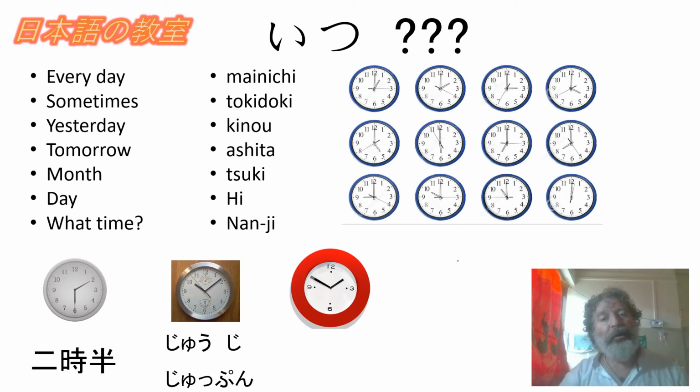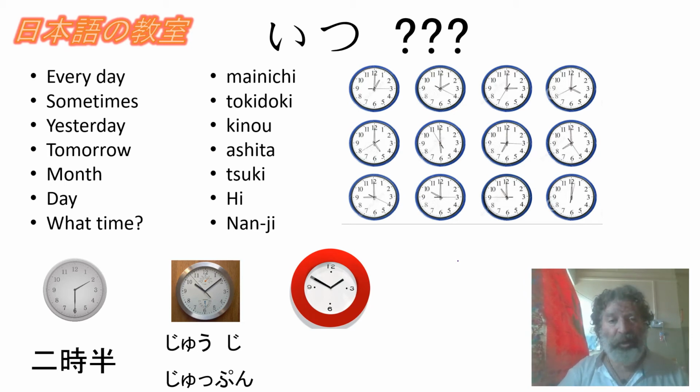Okay. これは2時10分前. 2時10分前. And in this day of digital clocks and things, we don't say 10 to 2 all that frequently. We would probably say 1:50. 1時50分.